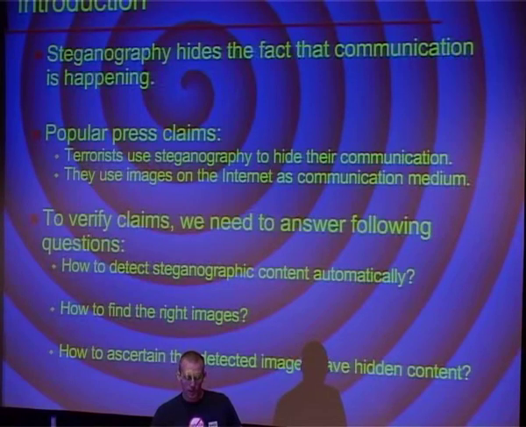One of them is, how do you even detect steganographic content automatically in images? And if you can do that, how would you get the right images to detect the information? And then even if you think that you might have detected hidden information, how do you really make sure that there was hidden information?